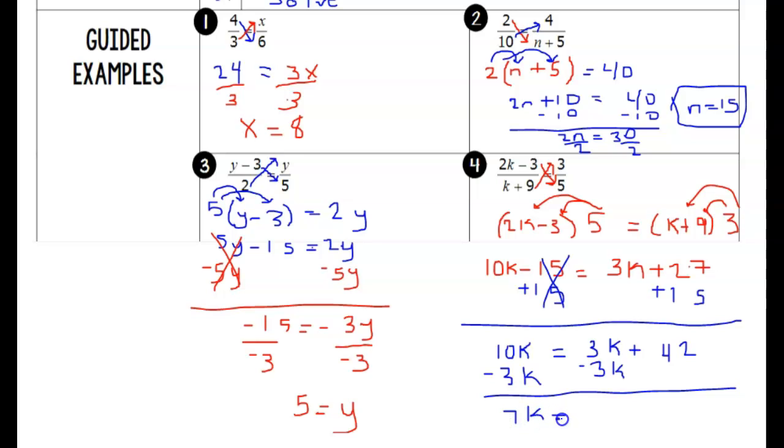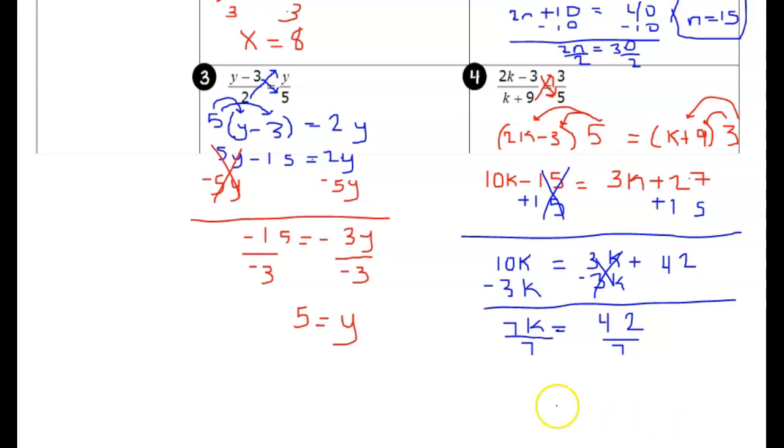My k's cancel. And I've got 7k equals 42. Then, to get k by itself, I divide by 7 on both sides. And so we know k equals 6. k equals 6.